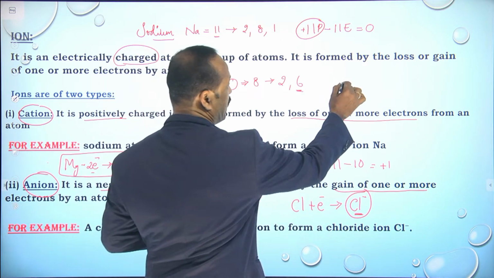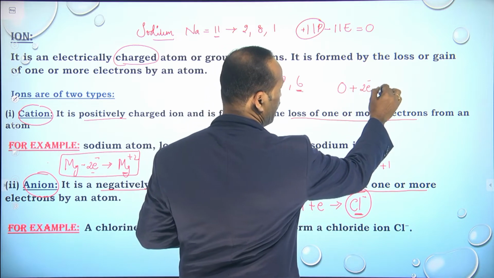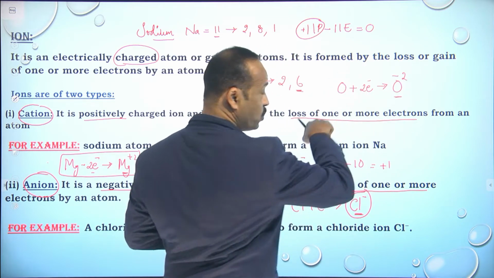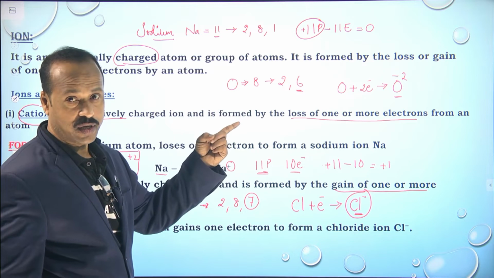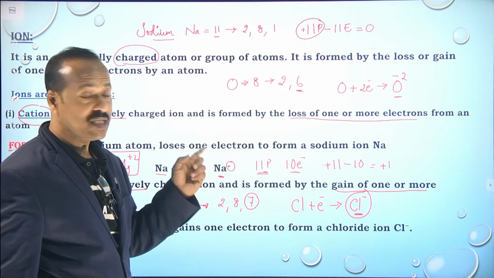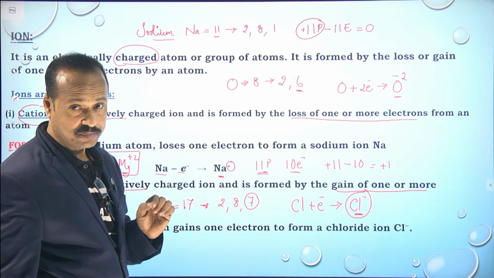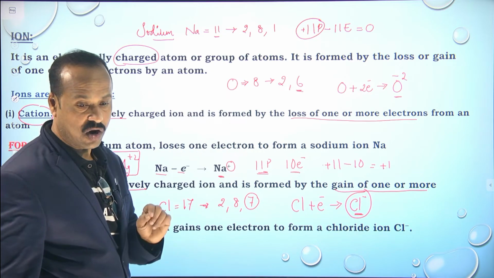When oxygen takes 2 electrons, then it becomes O minus 2. Because it is gaining 2 electrons, I have to mention minus 2. And this is called oxide ion. Not oxygen ion. You have to say oxide.